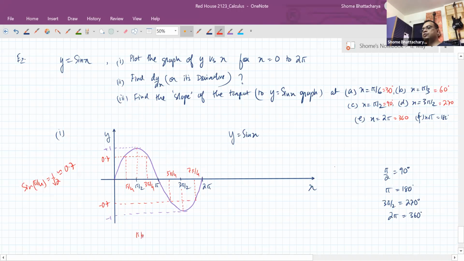So pi by 4 is 45 degrees. 3 pi by 4 is 135 degrees. 5 pi by 4 is 225 degrees. And 7 pi by 4 is 315 degrees. So just make a brief note of this graph.